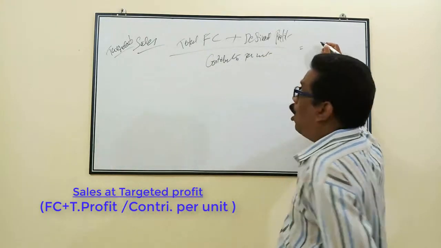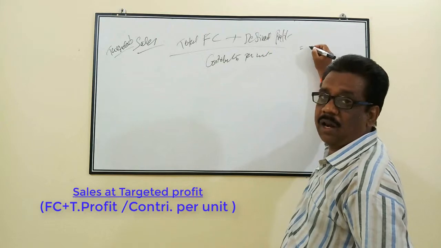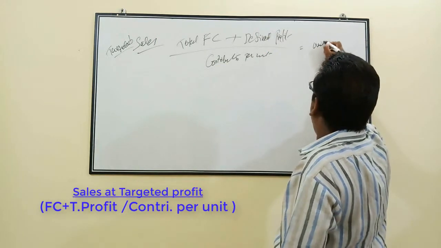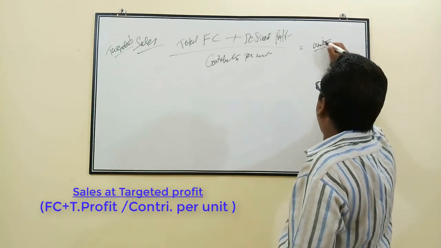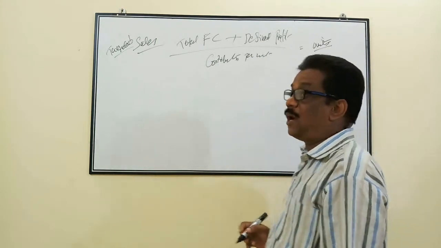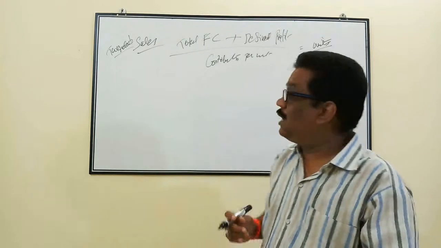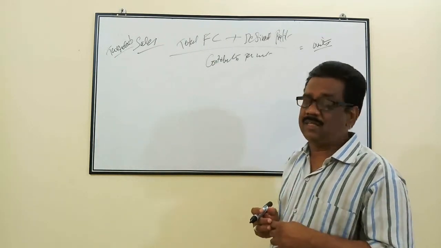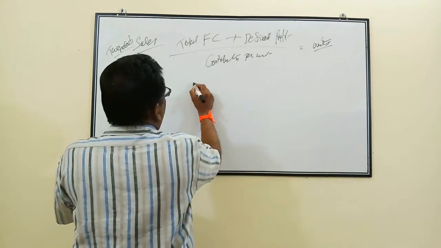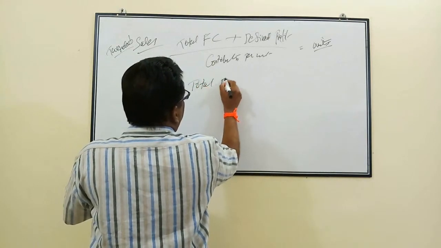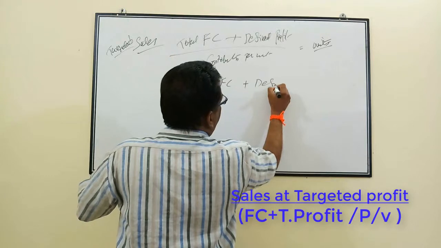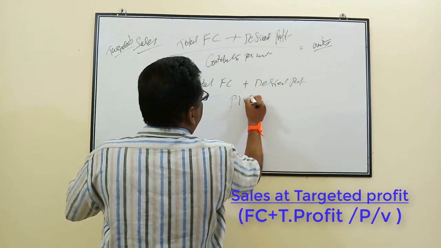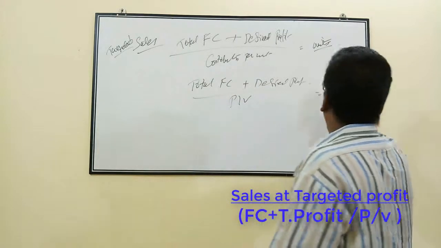Then you will get how many units are required to attain this profit. Other times, total targeted sales in terms of rupees can also be assessed by using total fixed cost plus desired profit by PV ratio, which gives the answer in rupees.